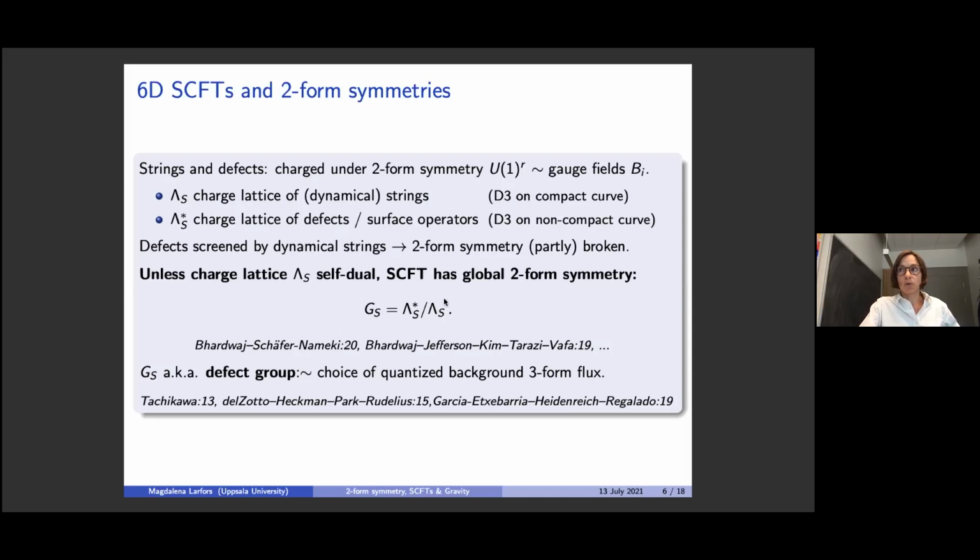This is, of course, the same object that Anna Maria was talking about in her talk.